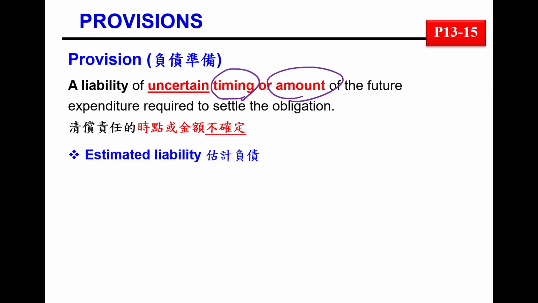Why is that? Because we are not sure about the timing and amount, so you have to estimate. All the numbers you have are not true, they're your estimate. That's why we also call it estimated liability. So that's the topic we want to talk about today, provision.